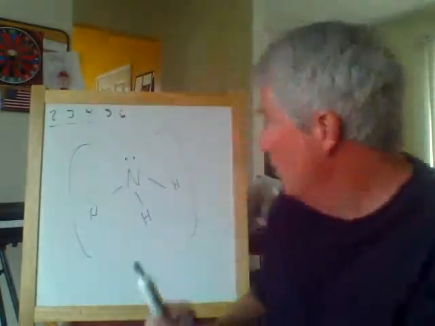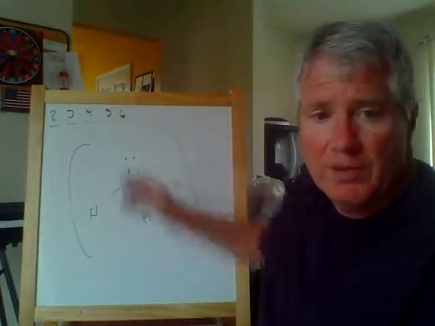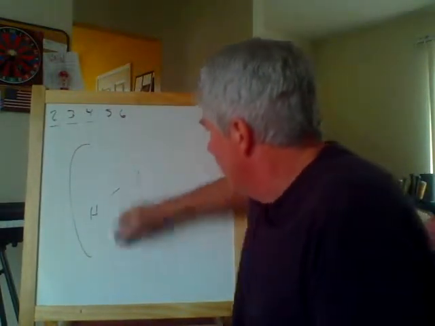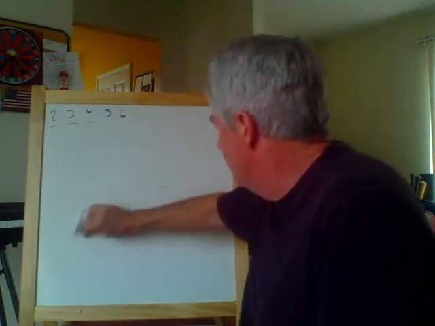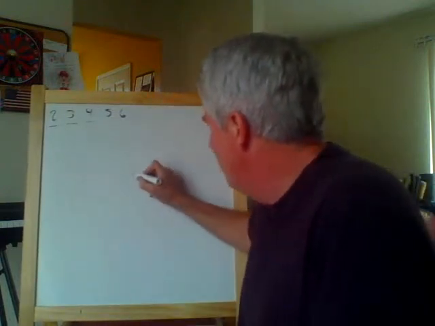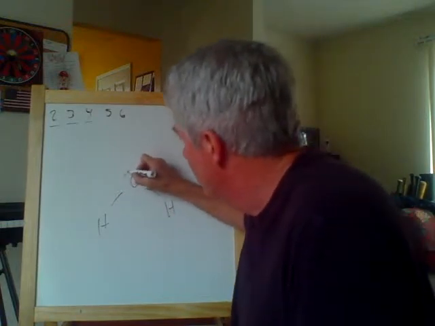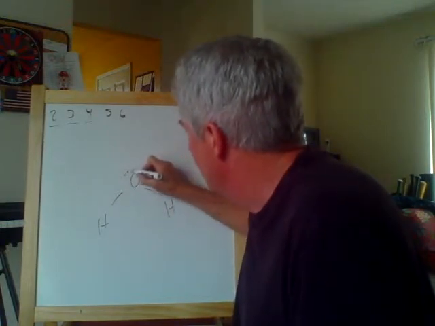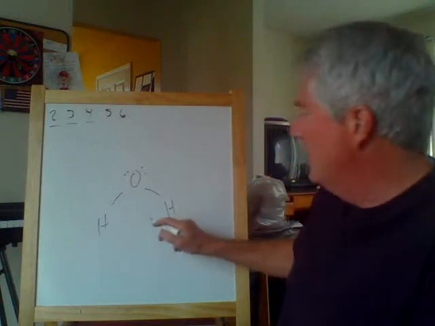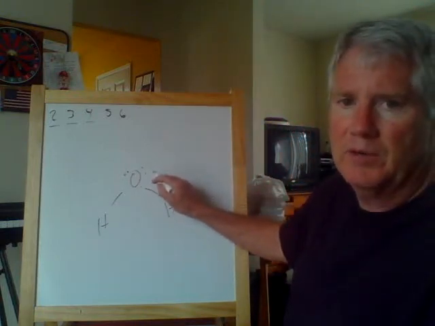Another one along the same lines when we're talking about 4 is water, and I mentioned this briefly too. Water has 4 electron groups around the oxygen. 2 of them are bonds to hydrogen, but the other 2 are electron pair groups.